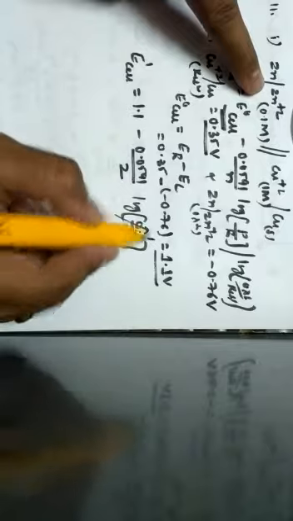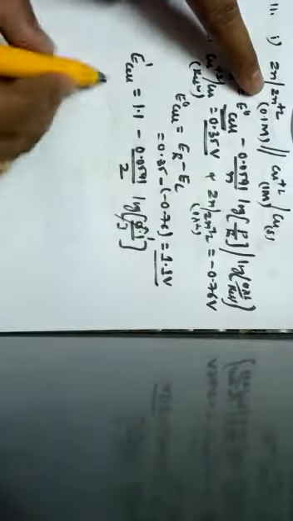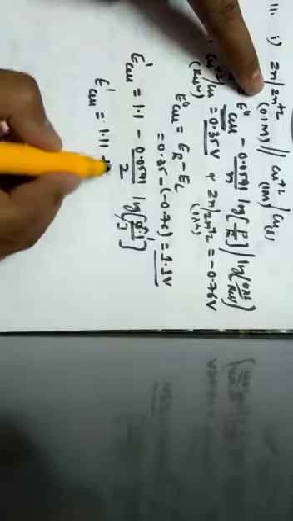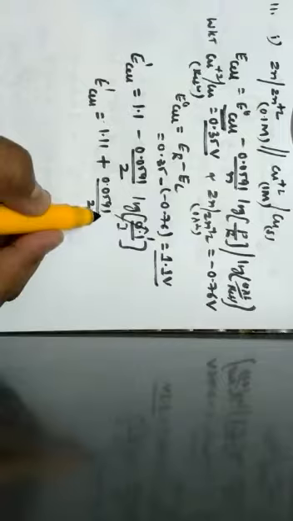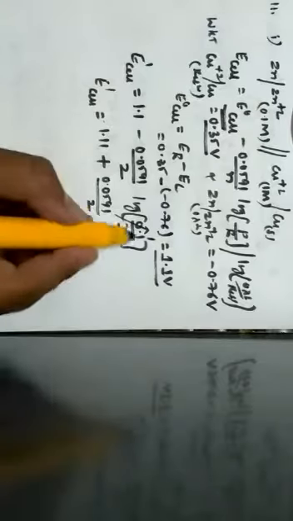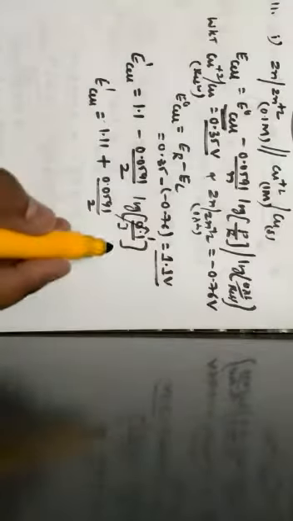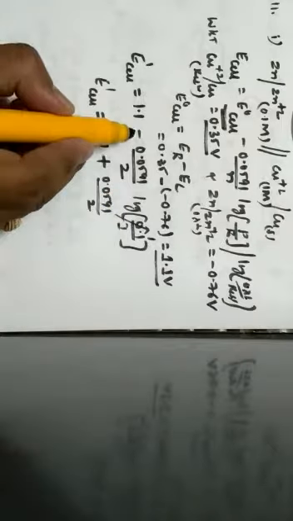Therefore E1 cell is 1.1 plus 0.0591 divided by 2 times the value of this, because 0.1 is 1 by 10. When I apply this 1 by 10 with log, that will be log 1 minus log 10. So minus log 10 is minus 1, and this becomes positive. So this is the EMF of the first cell.